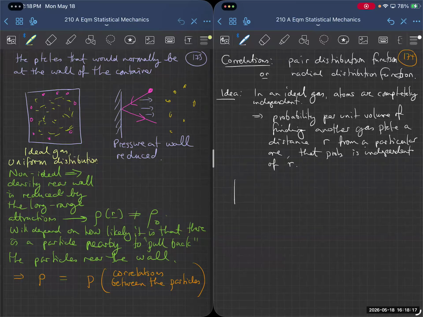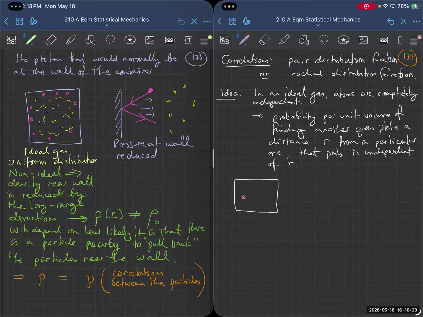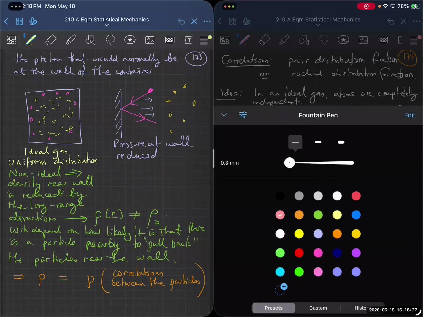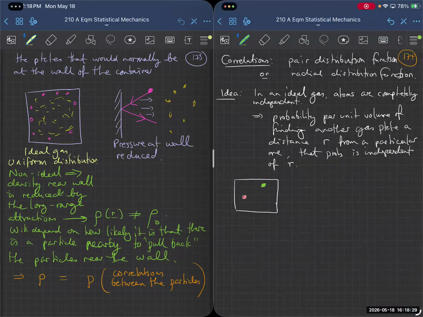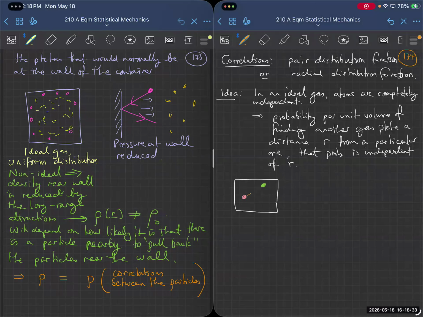Okay, so the ideal one is like this. Here's my gas. Here is a particle that I'm interested in, and I want to know the probability of finding another particle, say at this point over here. What is that probability?